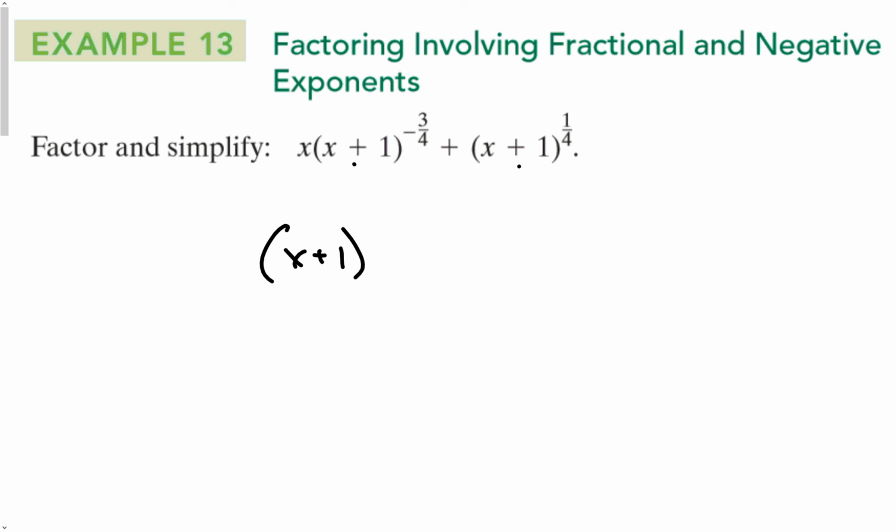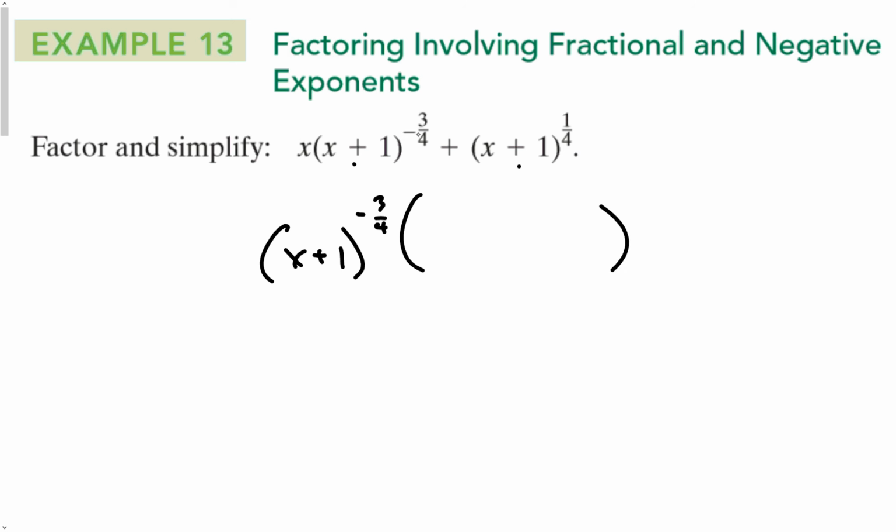But just like we just said, you can only factor out the smallest degree of the exponent. Well, this is a negative 3 over 4. This is a positive 1/4. Negative 3 over 4 is smaller than 1/4. So that is what I'm going to factor out. And I'm going to be left with something inside these parentheses.